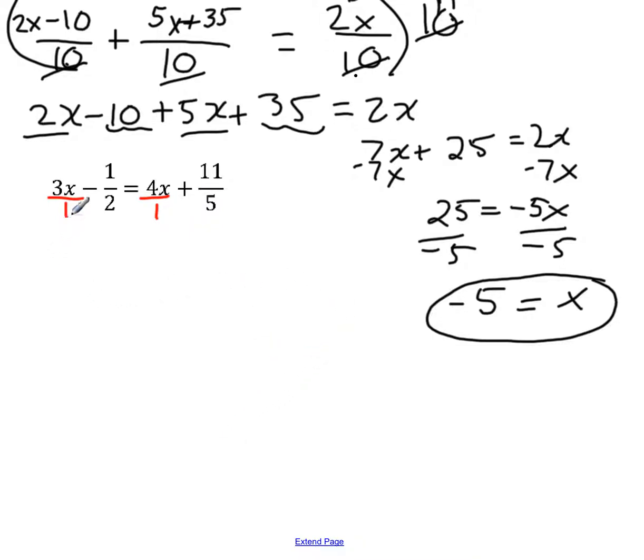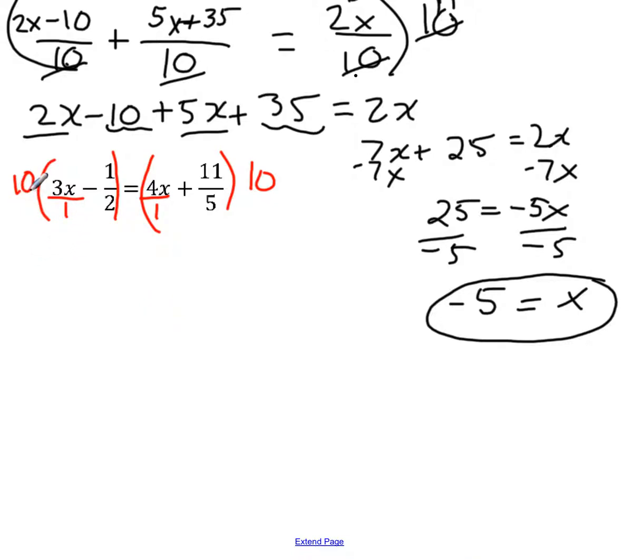Okay? Now look at the denominator and say to yourself, what number does 1, 2, and 5 go into? Well, they all go into 10 because I just used that up here. So why not multiply everything by 10? Everything. If I do everything by 10, I haven't changed the problem, I've just built it up times 10 greater.